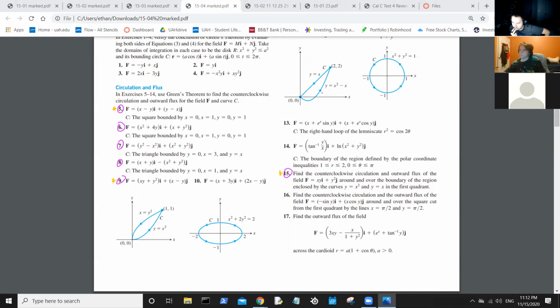So like in flux, because I think circulation is just how around it goes. I think like with squares, circulation ends up being 0. And then I think flux is how far out it goes or something. I don't know. So all I need to know is the difference between these formulas.